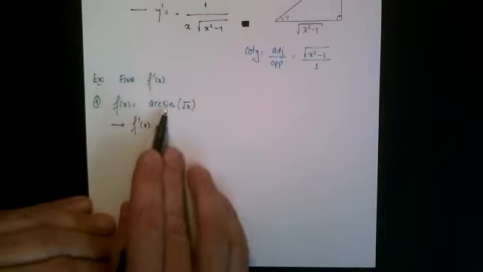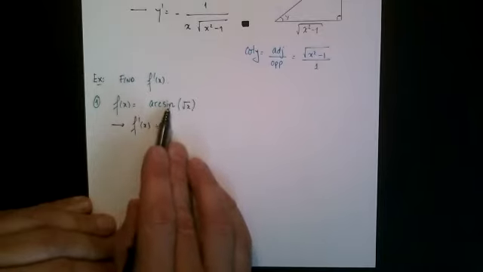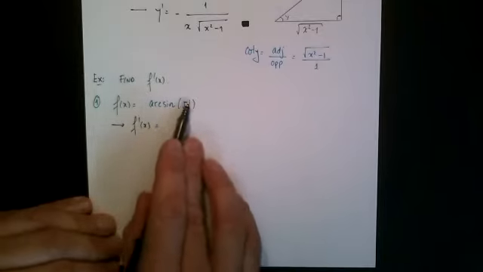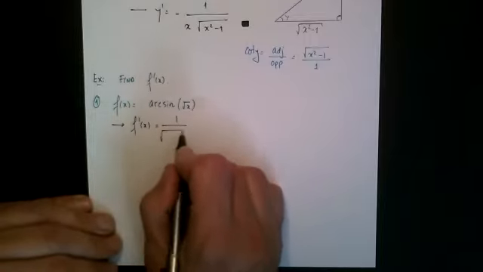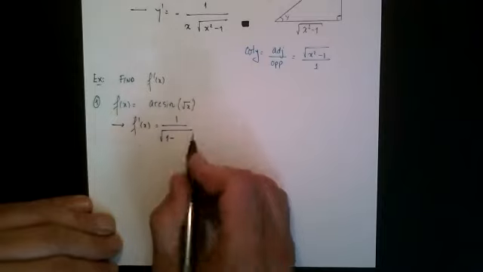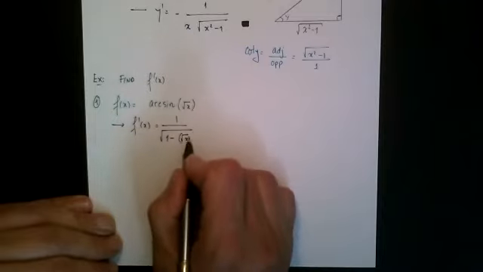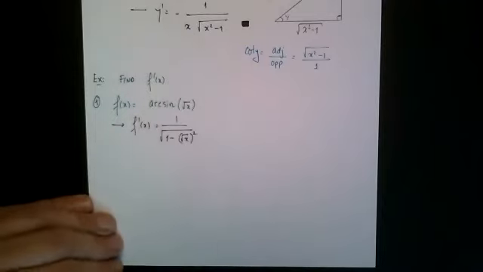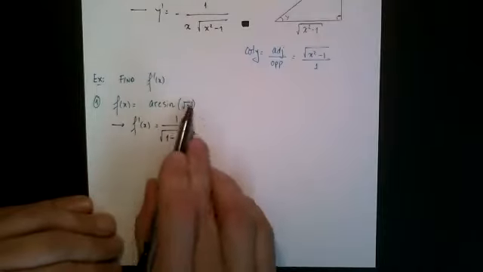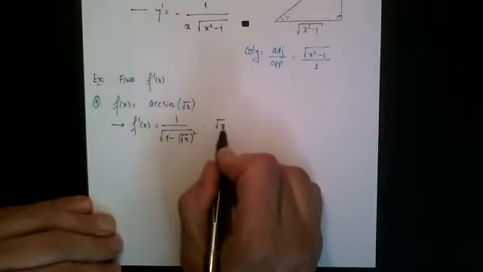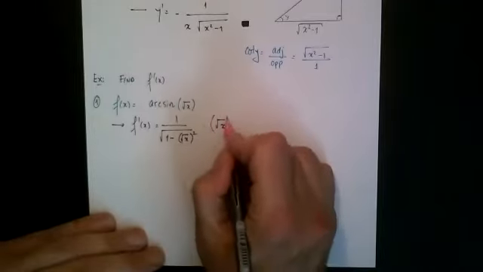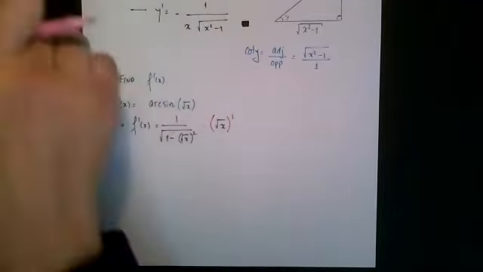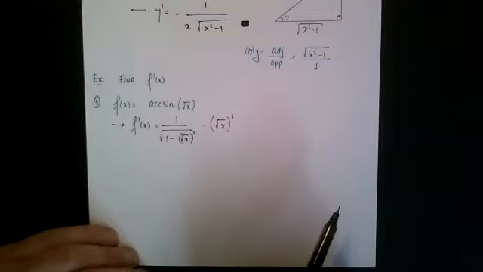So f prime is, so the derivative of arc sine, remember, is 1 over the square root of 1 minus what's inside squared. Times, right? We have a function, so chain rule. Good.